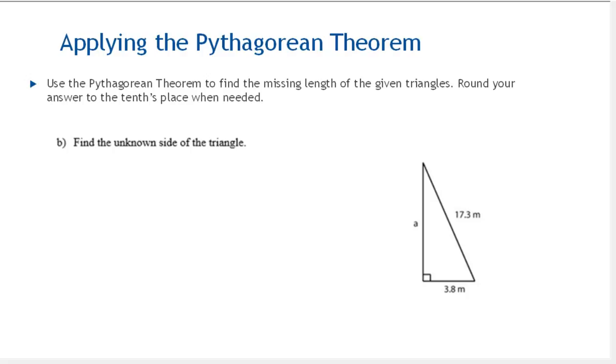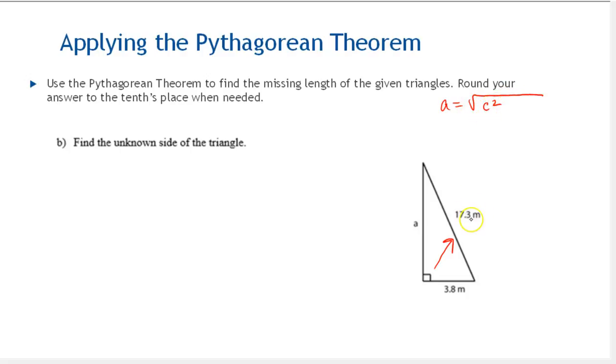Okay. In this example, notice we're given one leg is missing, and we're given the hypotenuse, the side opposite the right angle. So the way we would adjust the Pythagorean theorem, without using the algebra, so this has algebra already done for us, is a is equal to the square root.